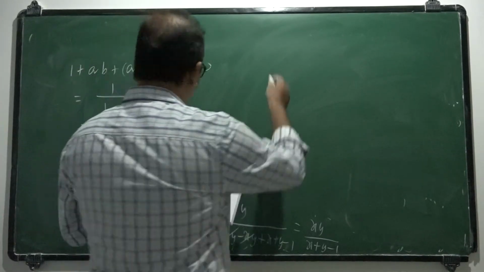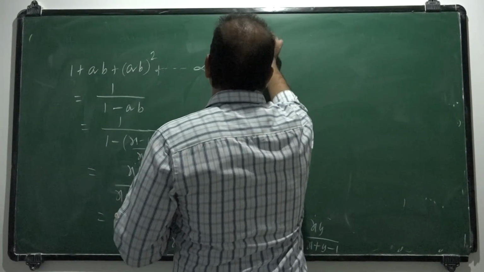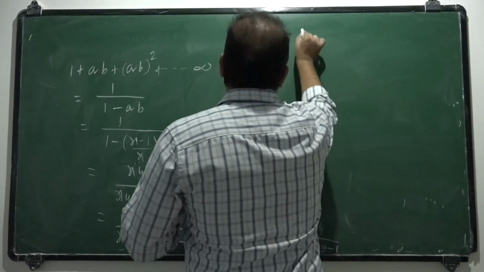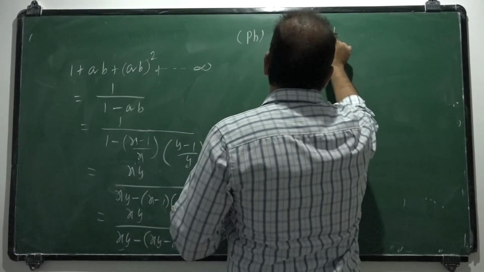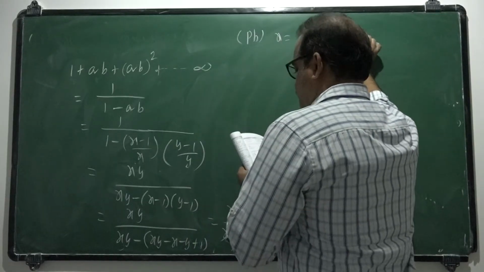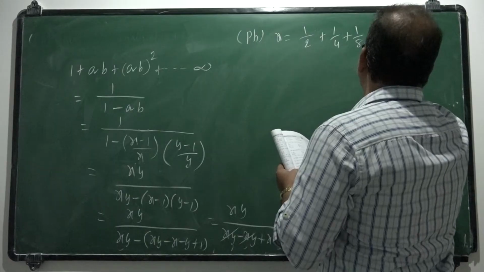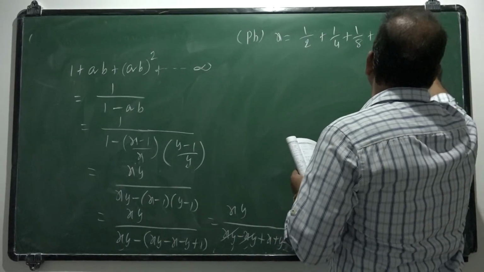Next, x is equal to 1 by 2 plus 1 by 4 plus 1 by 8 plus 1 by 16 plus so on infinity.